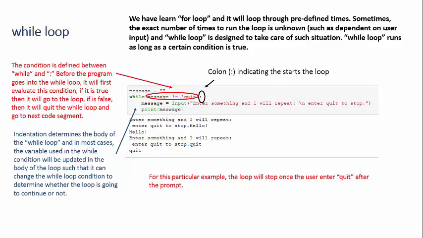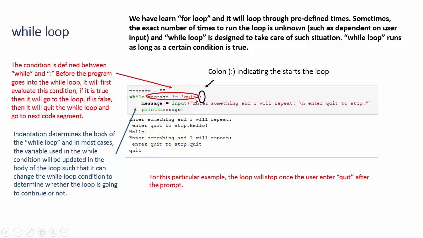In this particular example, the while loop is trying to evaluate whether this condition is true or not. To begin from the very beginning, the message is initially an empty string, nothing within the message.